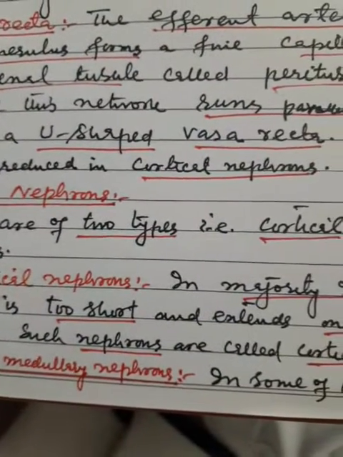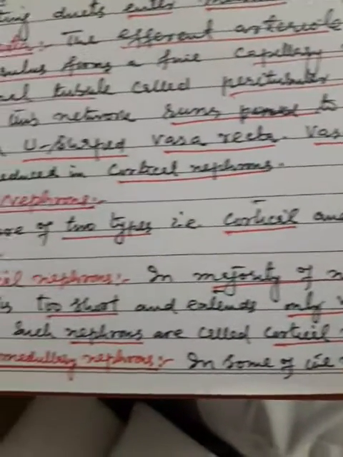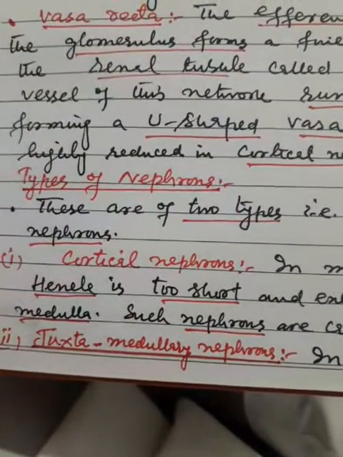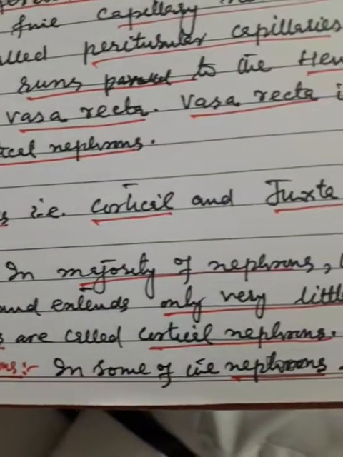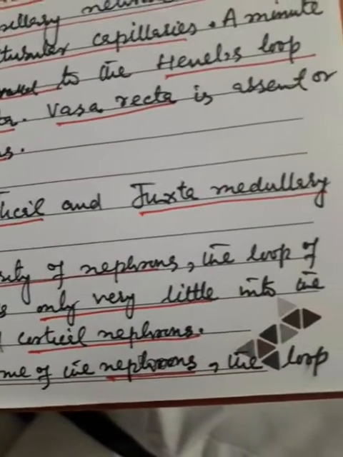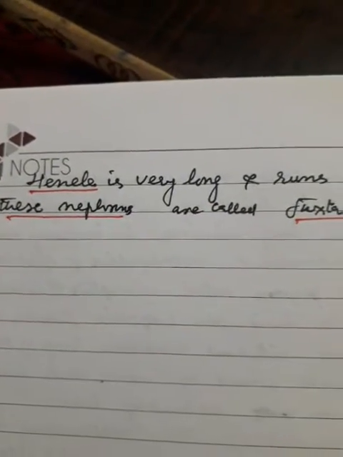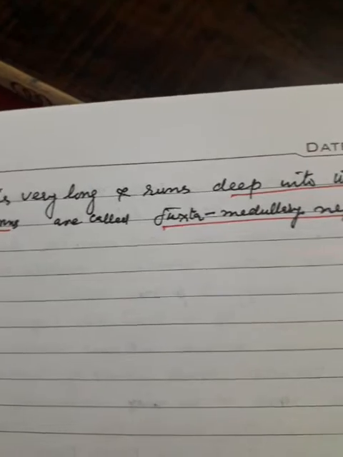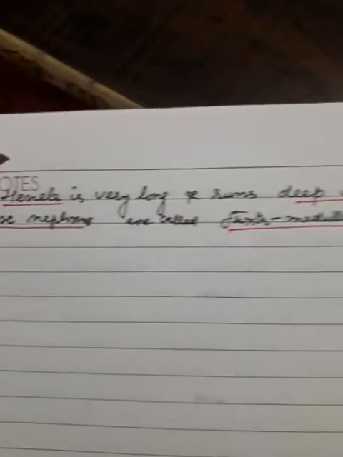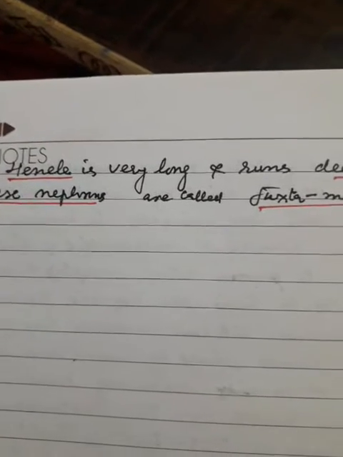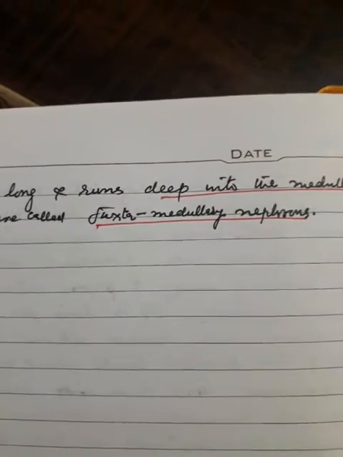Such nephrons are called cortical nephrons. Now, the second type of nephron, juxtamedullary nephrons. In some of the nephrons, the loop of Henle is very long and runs deep into the medulla. These nephrons are called juxtamedullary nephrons.